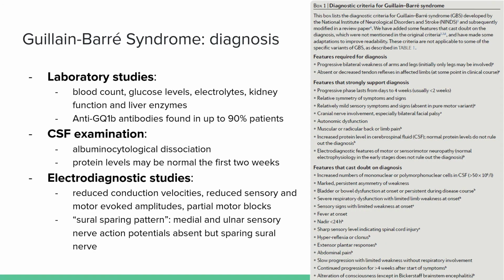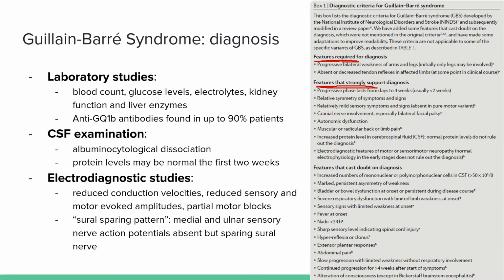The diagnosis of Guillain-Barré syndrome can be made from clinical findings, and laboratory studies can also help us. Here in this table, we can see the required features for diagnosis and the features that strongly support diagnosis.